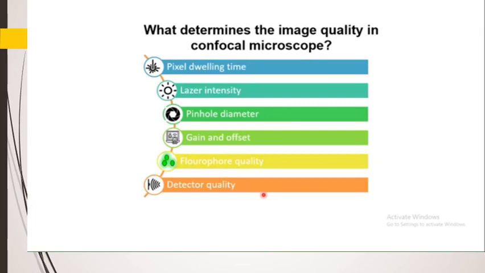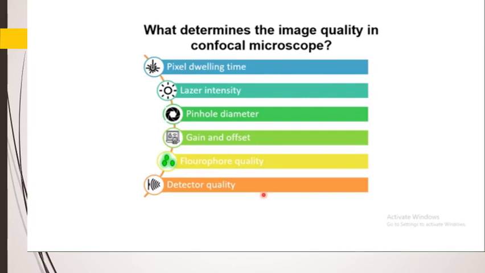I would briefly go over these points because in the next video I would discuss them in detail. So pixel dwelling time means how much the laser is dwelling on a particular point. If the laser dwells too much time, there is a possibility of photobleaching. So you have to optimize the dwelling time.